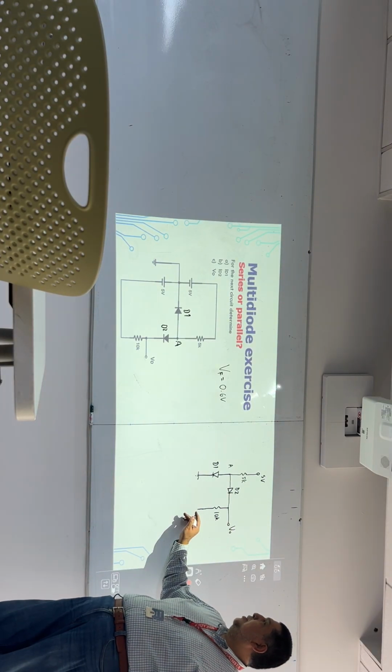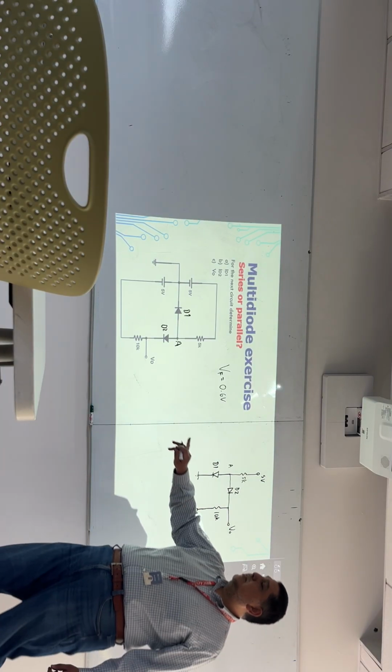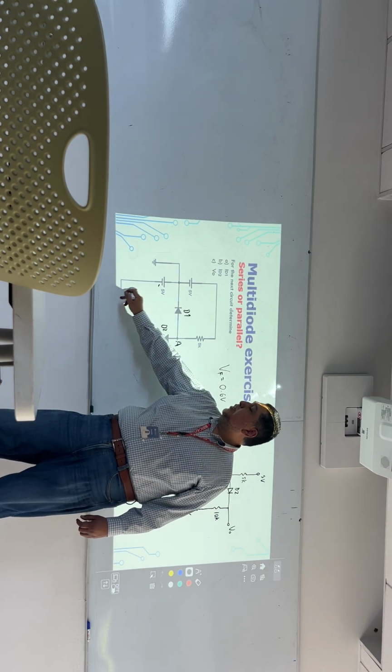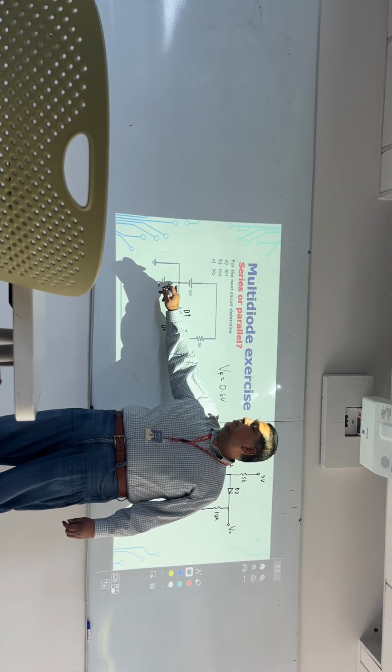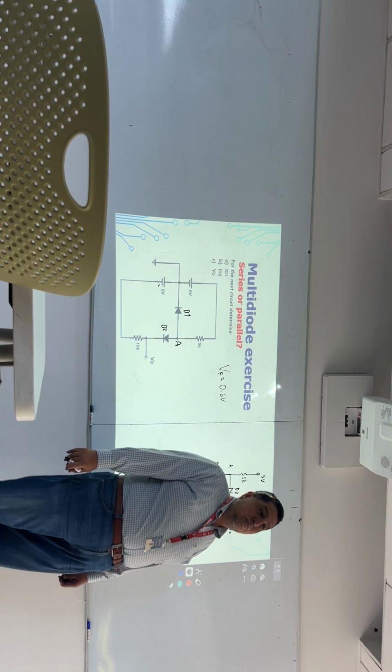Minus, yes. Here is minus 5 volts. Why is it minus 5 volts? Because the negative side of the voltage source is the one that's connected to the resistor, and the positive side is connected to ground, and that is why this is minus 5 volts.